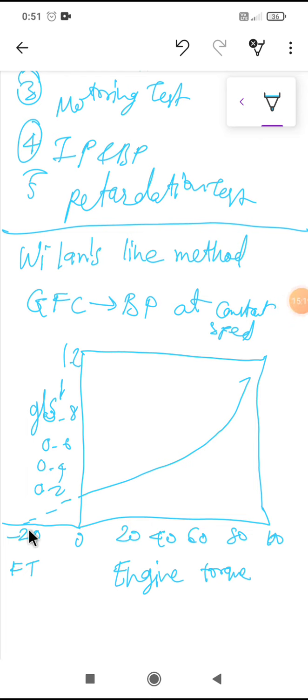The point where this graph cuts the brake power axis is the indication of the friction power of that engine at that speed, and the negative work represents the combined loss due to mechanical friction, pumping, and blow-by. In the petrol engine, we keep the air-fuel ratio constant and vary the amount of mixture intake for the required torque or power, and this is called quantitative governing.